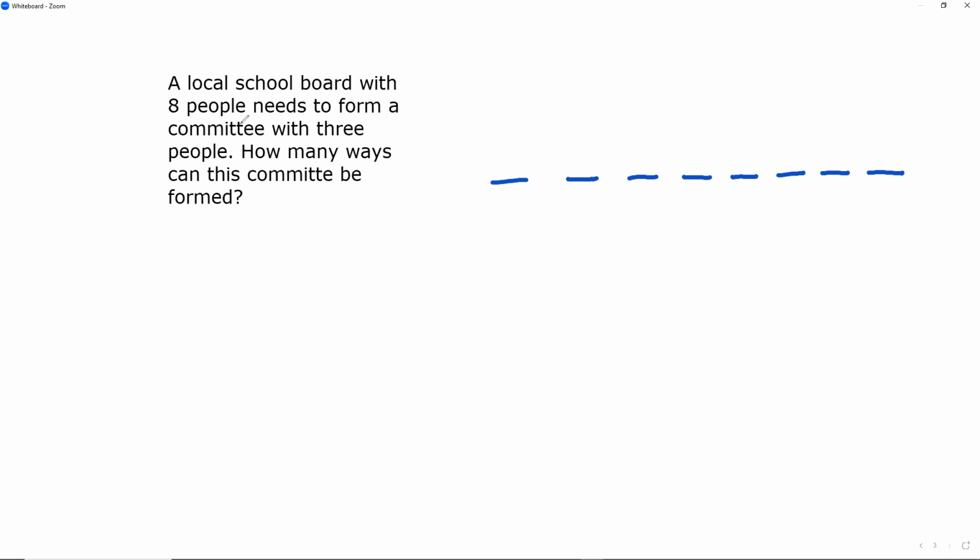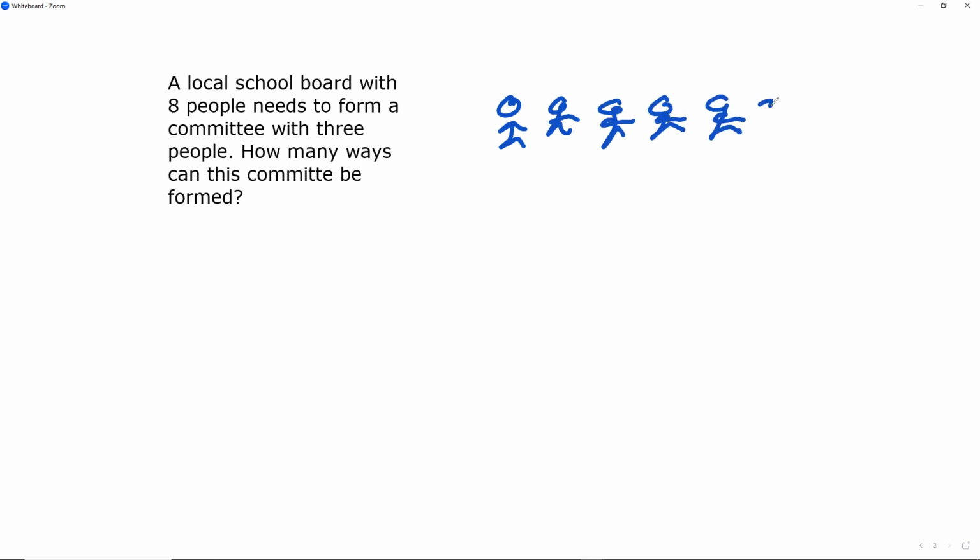Actually, they are 8 people. So, let's go back again. There's 8 different people, and the committee has only 3 spots. So a local board with 8 people needs to form a committee with 3 people. How many ways can this be formed?